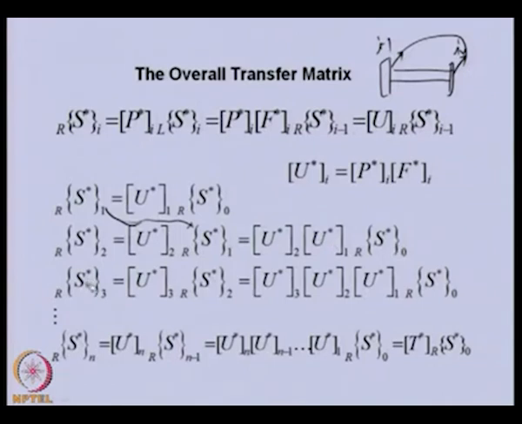Similarly, we can write for 3, then it will be the multiplication of u3, u2, u1 and the state vector at the 0 station. We can extend this up to the nth station. In that particular case, we will have the multiplication of all these transfer matrices, and all these we represent as T, which is the overall transfer matrix.